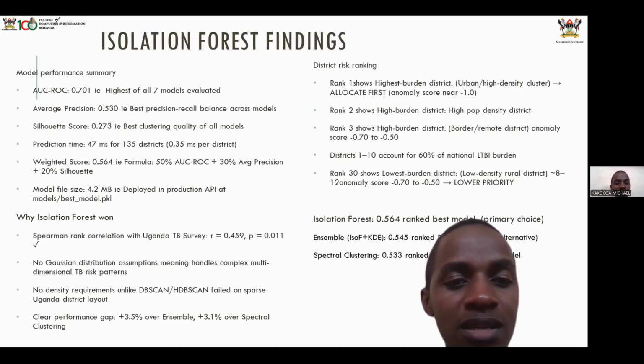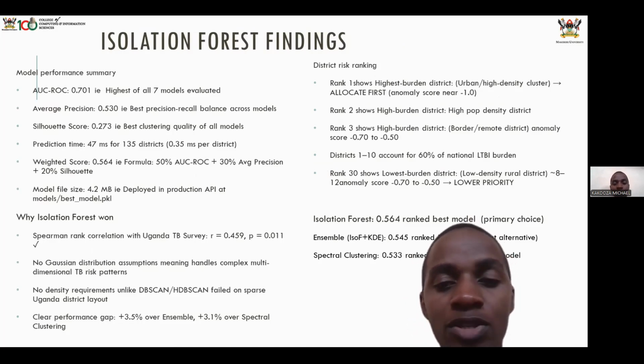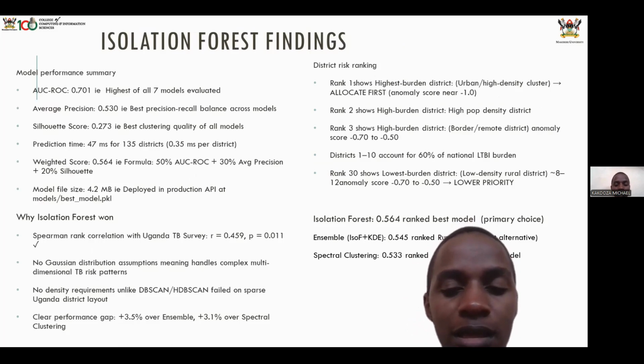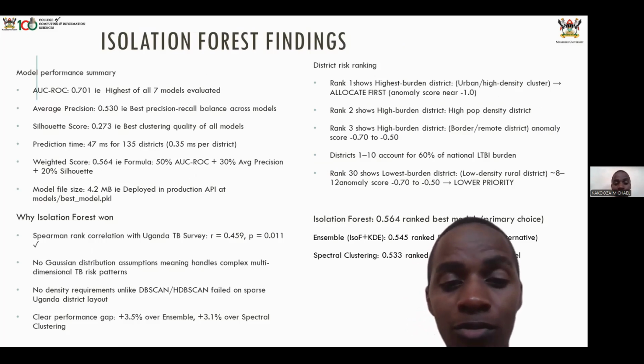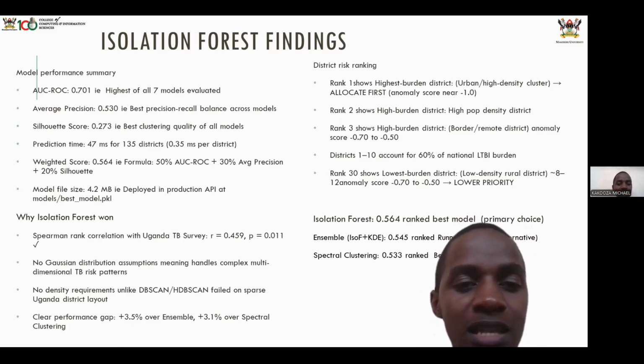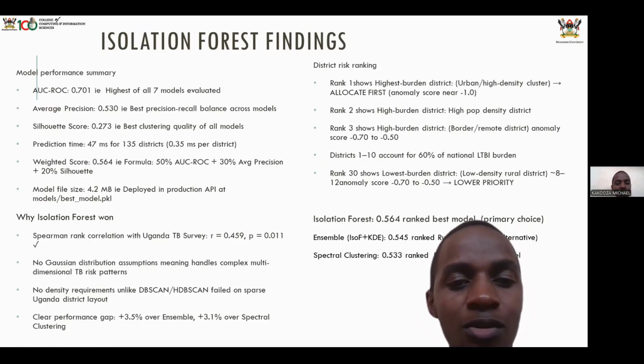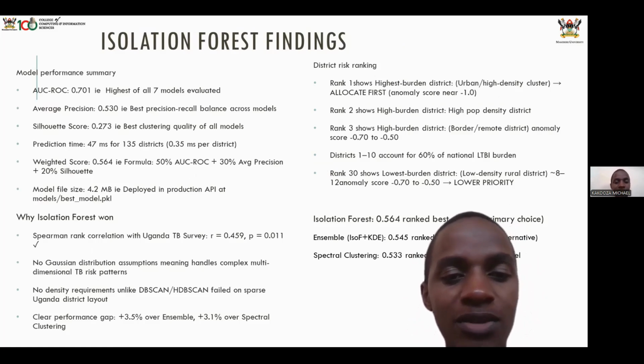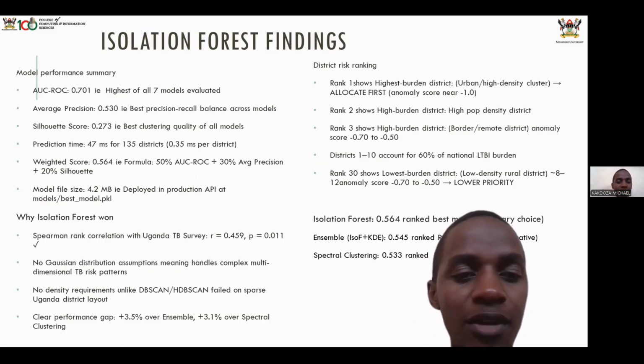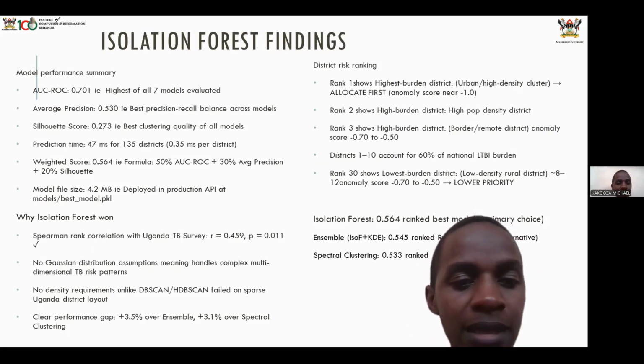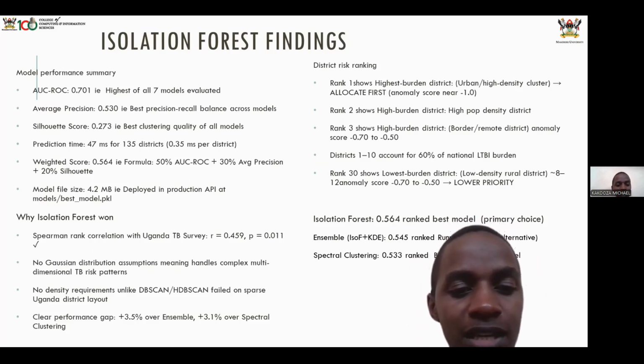So the performance of the model compared to the other models that we had done: it was the highest on the 7 models. The average precision is there, along with the security score and the prediction time of 47 milliseconds.